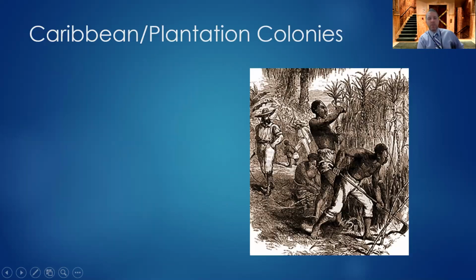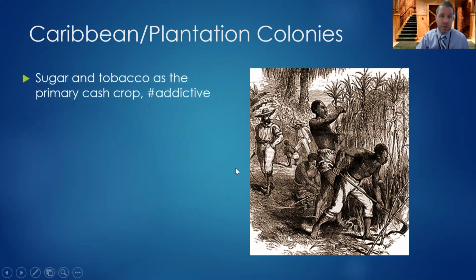All right, so that takes us to a completely different model, one that maybe more than any reflects what's going on in the Spanish colonies, and that's the Caribbean or plantation colonies. You see this primarily in the islands because of their hospitable climate for growing things such as sugar and tobacco as cash crops.